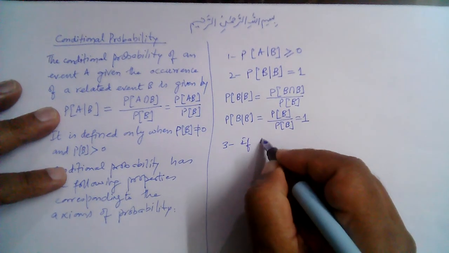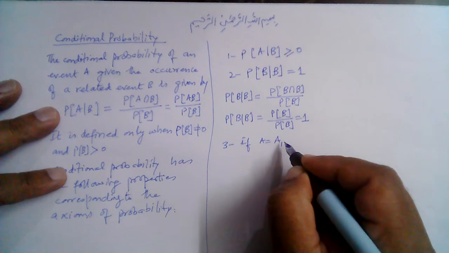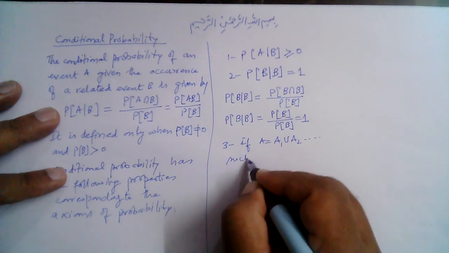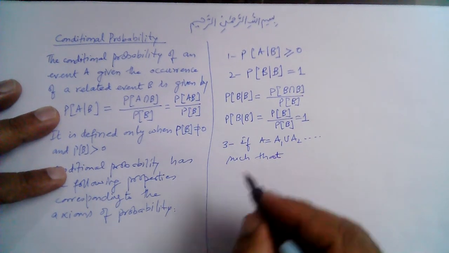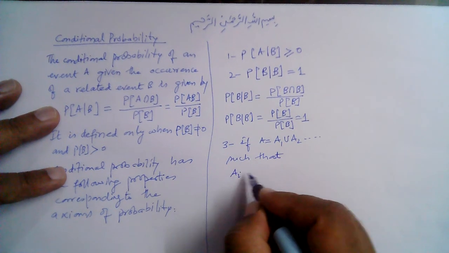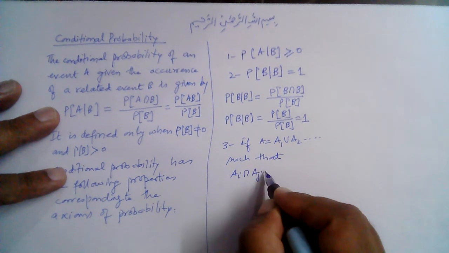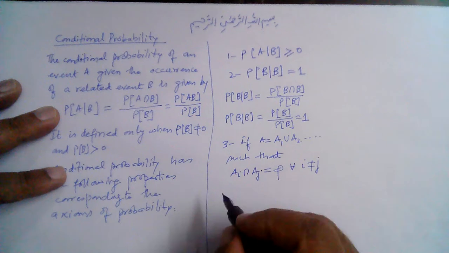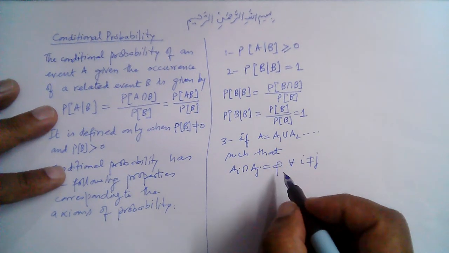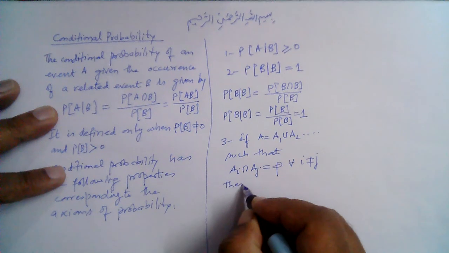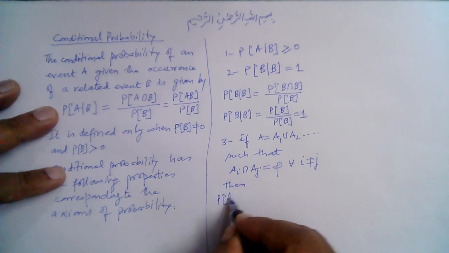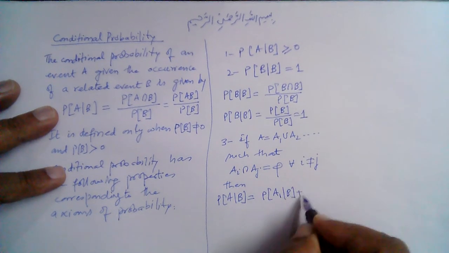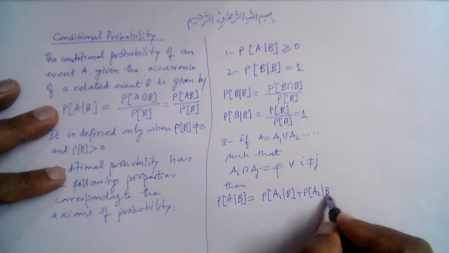And number 3 is, if A is the union of events A1 union A2 and so on, such that the intersection of any two events is a null set, for all i not equal to j, that is, all these events are mutually exclusive, then probability of A given B is equal to probability of A1 given B plus probability of A2 given B and so on, right?